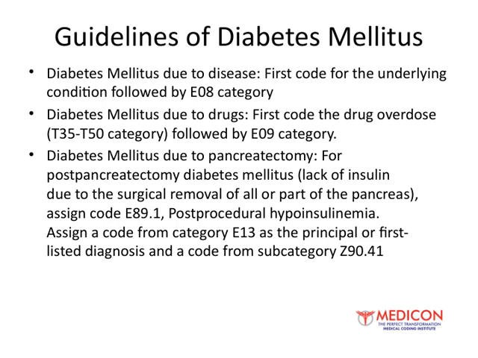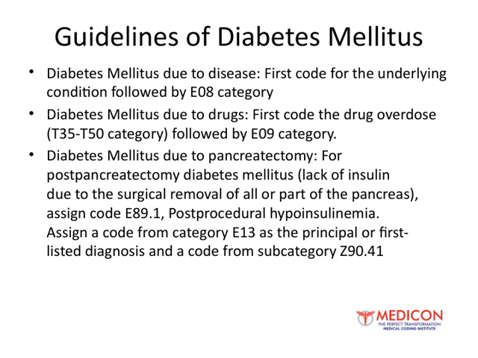In cases where diabetes develops after a pancreatectomy, such as post-pancreatectomy diabetes mellitus, the key is to assign code E89.1, which stands for post-procedural hypoinsulinemia. Additionally, you should assign a principal or first listed diagnosis from category E13, which covers other specified diabetes, and include a code from subcategory Z90.41, indicating the presence of a status post-pancreatectomy.